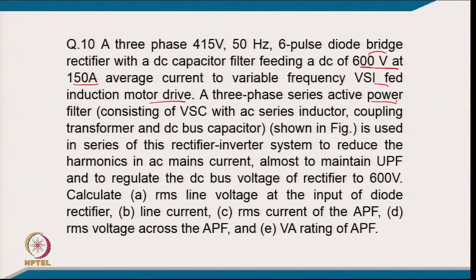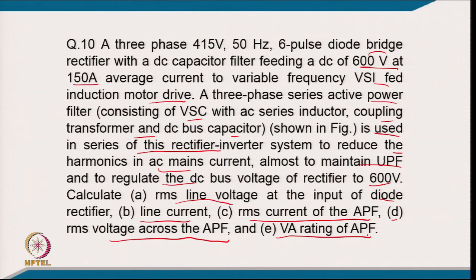A 3-phase series active filter consisting of a voltage source converter with AC series inductor, coupling transformer and DC capacitor is used in series with the rectifier inverter system to reduce the harmonics in the AC mains current, to maintain almost unity power factor and to regulate the DC bus voltage of the rectifier to 600 volt. Calculate the RMS line voltage at the input of the diode rectifier, the line current, the RMS current of the series active filter, the RMS voltage across the active filter, and the VA rating of the series active filter.